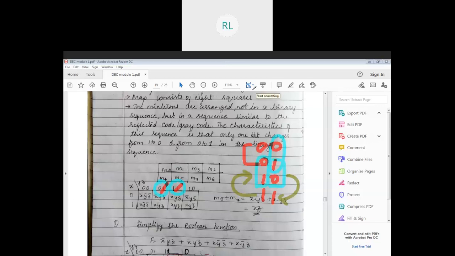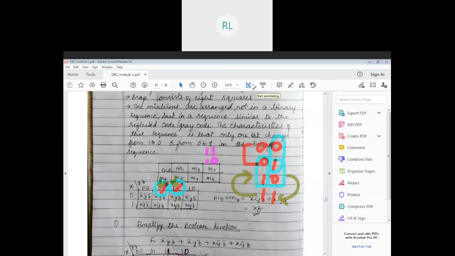I do not want two bit changes here. I just want one bit. So instead, I will shift them across. 1, 1 is brought here, and 1, 0 is brought here. See my truth table here. So that I will have just one bit difference, 0 and 1.